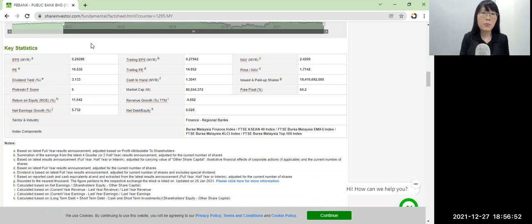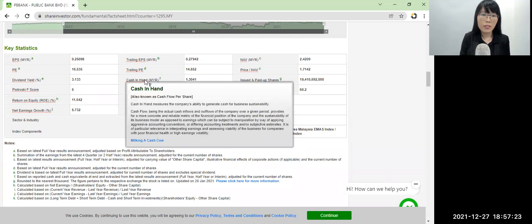For example, earnings per share, PE ratio, dividend yield, return on equity, net earnings growth, trailing EPS, cash in hand, market cap, revenue growth, and so on. If you don't know what market cap is, you can point your mouse on this word, and then it will show you what it is. Okay.